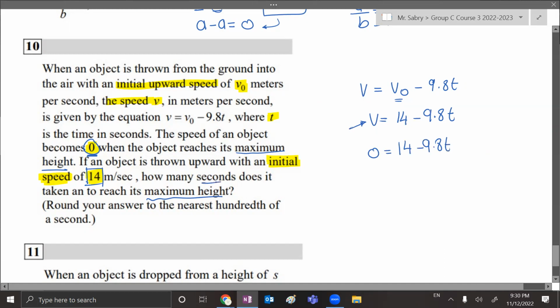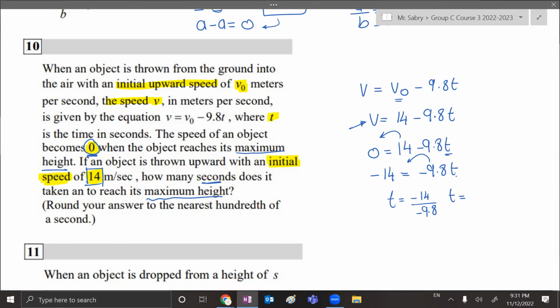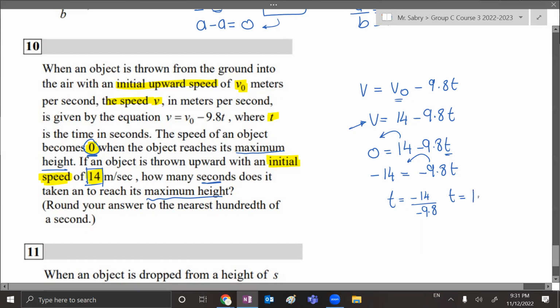Now they need to know how many seconds, which means they need to know the t value. So I'll just move the 14 to the other side. And then I'll move the negative 9.8 to the other side by division. So t will be equal to negative 14 divided by negative 9.8. T will be equal to 1.428, and they said round your answer to the nearest hundredth.